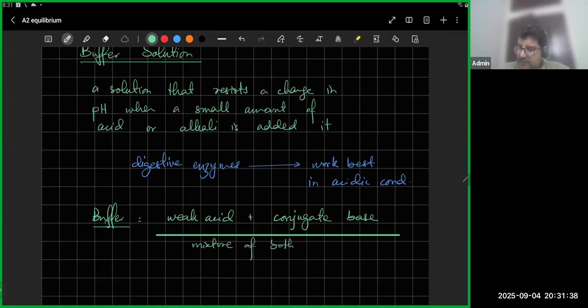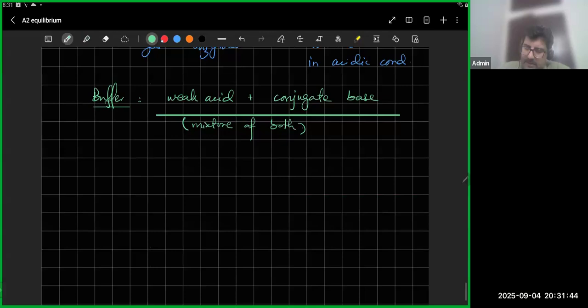So it's a mixture of both these things. An example is ethanoic acid. What is the conjugate base of ethanoic acid? That's ethanoate ions, right? That's the conjugate base.